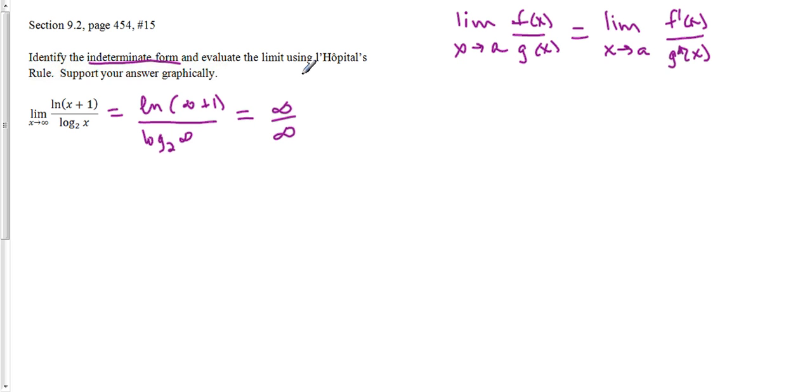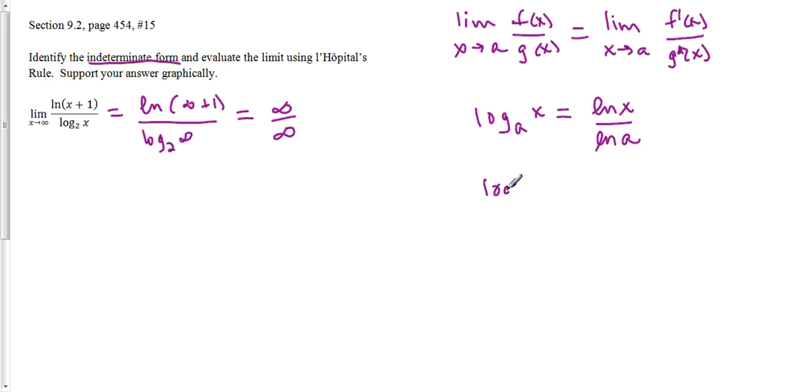And that means that I can take the derivative of the numerator separately from the derivative of the denominator and apply the limit again. Well, I'd like to clean this up a little bit before I do that, especially this log base 2 of x. So if you go back almost all the way to the beginning of the book, you'll see that log base a of x is equal to the natural log of x divided by the natural log of a.